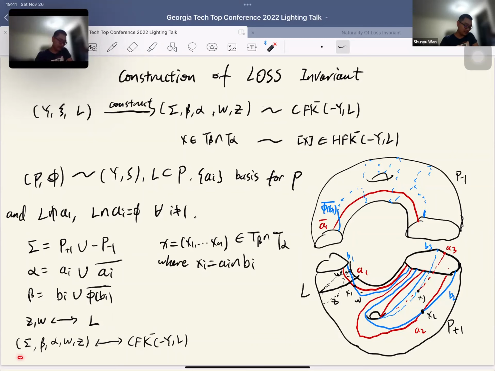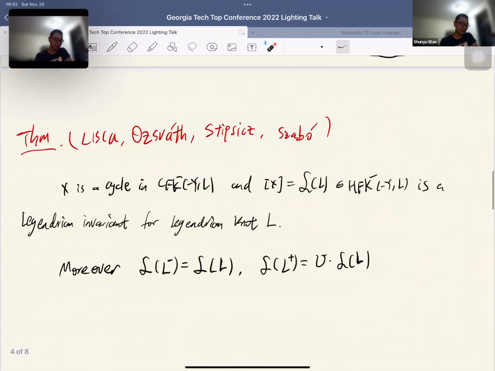Next, we can see that this (Sigma, beta, alpha, w, z) exactly describes minus Y, L, so we can associate this CFK minus. Moreover, we let x equal x_1 to x_n, where x_i equals a_i intersect b_i, and it's inside T_beta intersect T_alpha.